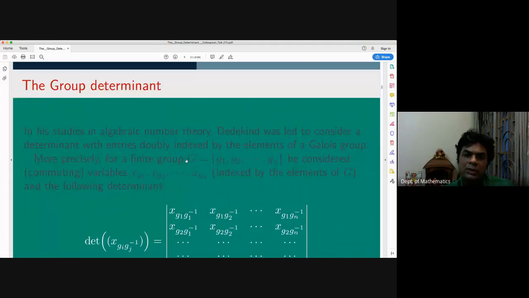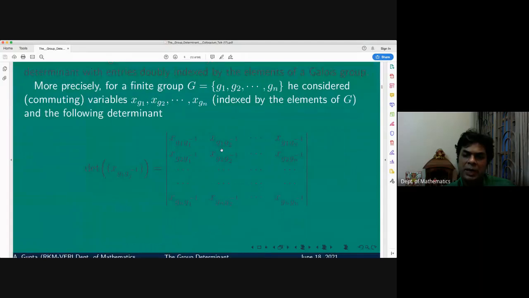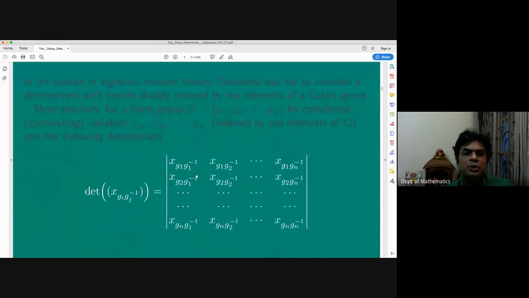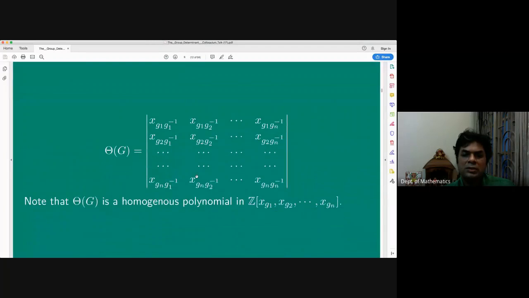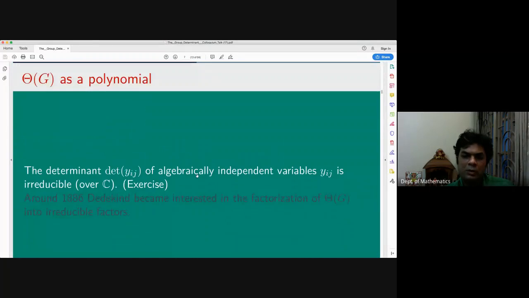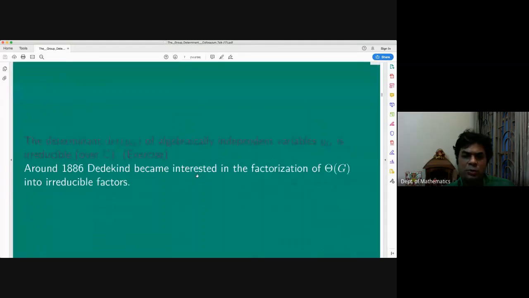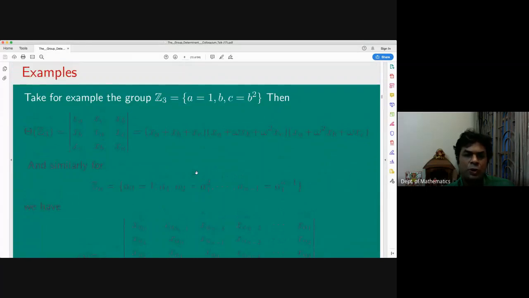But then this same kind of thing, let me show you. I just want to go a little bit ahead and show you for the group Z3. Let us take A to be 1, B the generator, and C the square of the generator. These three elements are all the elements in Z3.